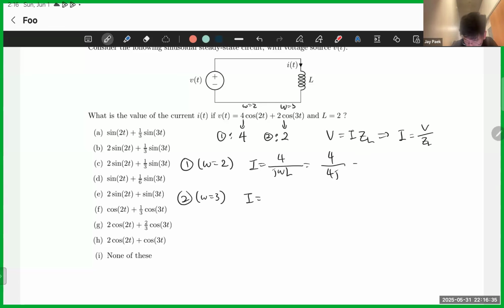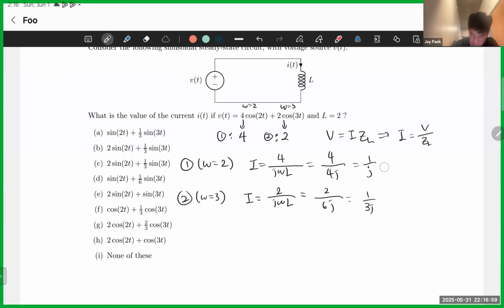Sorry, I had an extra 2 right there. For this next one, we have 2 over j omega L, which is equal to 2 over 6j, which is equal to 1 over 3j.